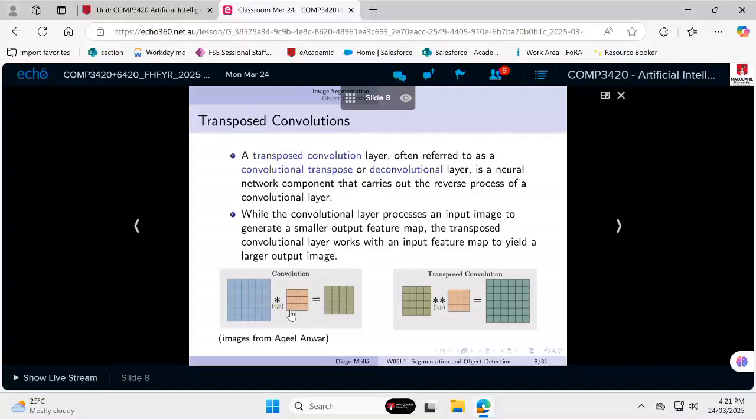So in a transpose convolution, if you have the same stride and padding, when you have this 4 times 4 and apply a transpose convolution kernel of 3 times 3 with this stride and padding, you will get this 6 times 6 image. So you're going to see how it works.